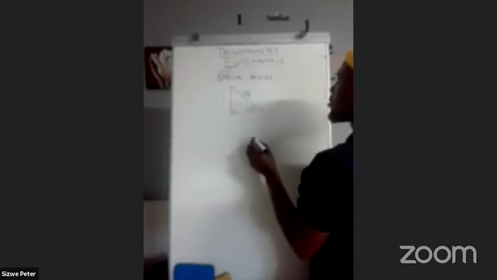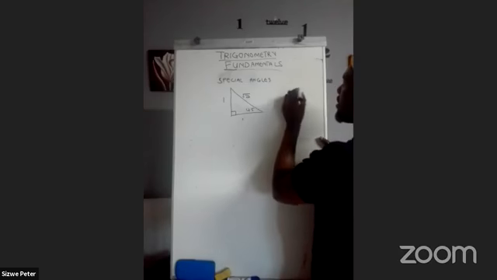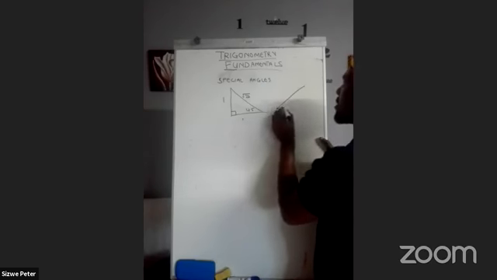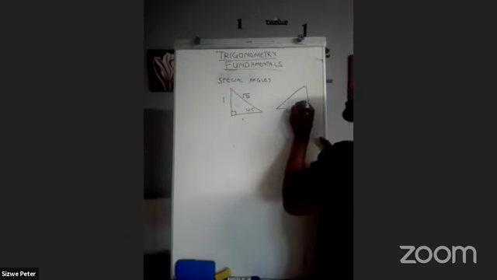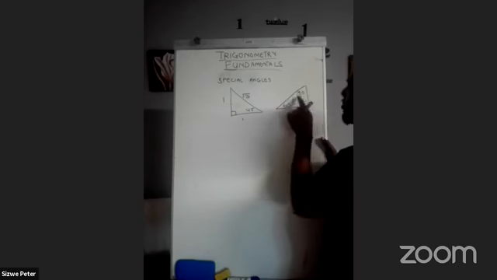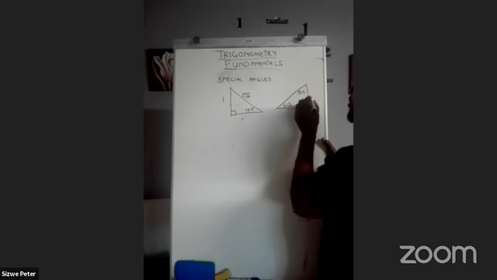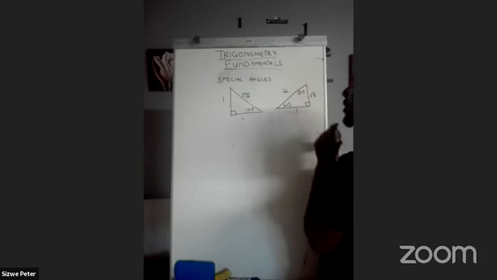Square root 2. Now, another special angle. This is 60. This is 30. Okay, so 60 plus 30 is 90 plus 90 is 180. So this is 2, square root 3. This is 1.